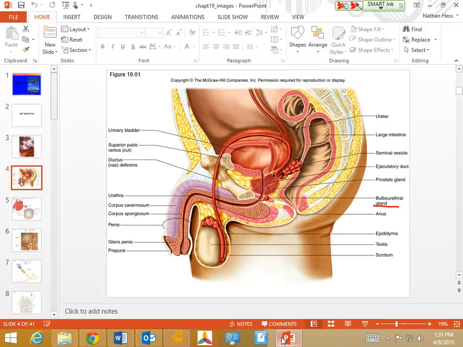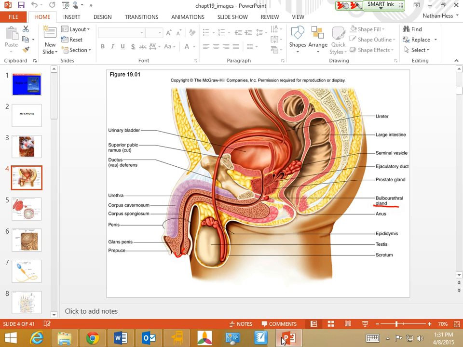Its job is to secrete a lubricating fluid before ejaculation. This is fluid that would come to help lubricate the end of the penis before ejaculation. Pre-cum, if you've heard that term, that would be what you're speaking of. That's the point of it: lubrication.